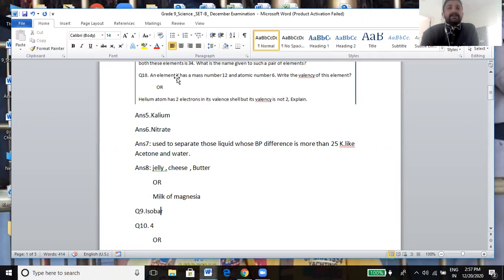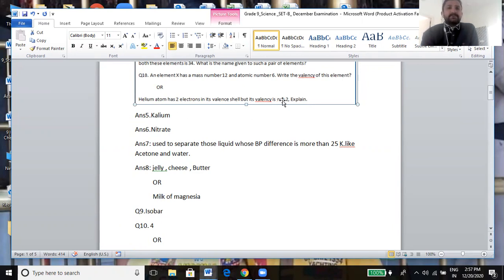Next, an element X, mass number 12, atomic number 6. What is the valency? In case of carbon, atomic number is 6. If you write the electronic configuration of carbon, that is 2,4. Okay, 2,4, so what is the valency? That is 4. Helium atom has 2 electrons in its valence shell.